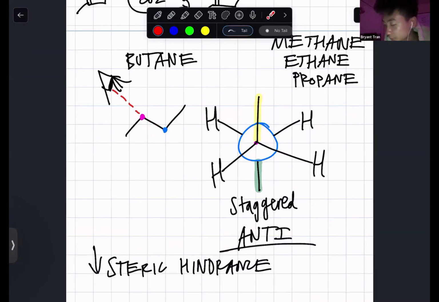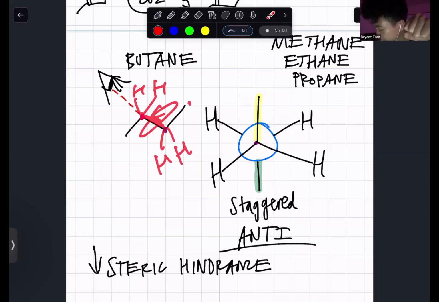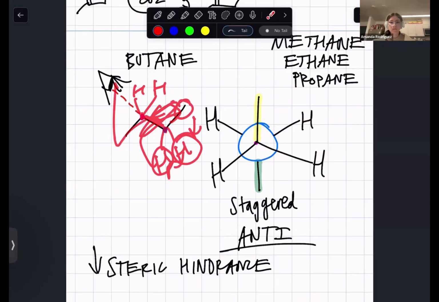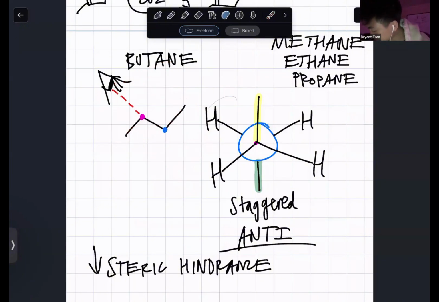So imagine if you had a model kit and let's say you're holding the pink carbon and its three groups, the methyl group and the two hydrogens, still. It's not going to move. And then you rotate this bond right here between the pink and blue carbon. The methyl group, the hydrogen, and this hydrogen here are going to rotate around like that. Whereas these groups here on the pink carbon are going to stay the same. It's going to stay still. Right? So I'm going to draw that here.